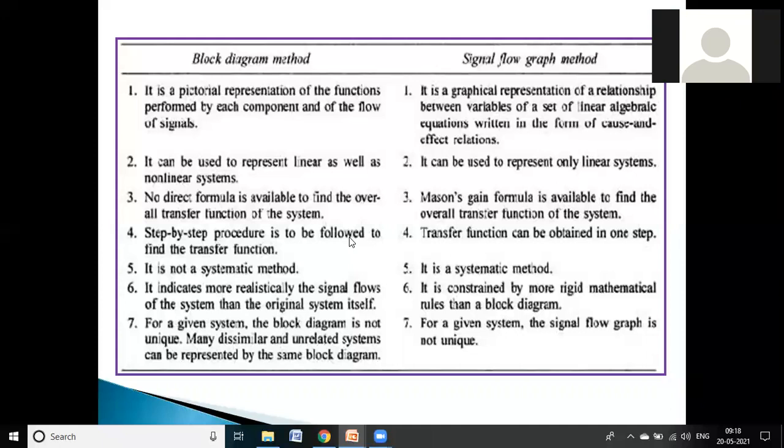I have represented the armature winding with a number of blocks, whereas the field winding can be represented with a single block. So automatically the appearance changes. The block diagram representation is not unique for the same system. Similarly for signal flow graph.